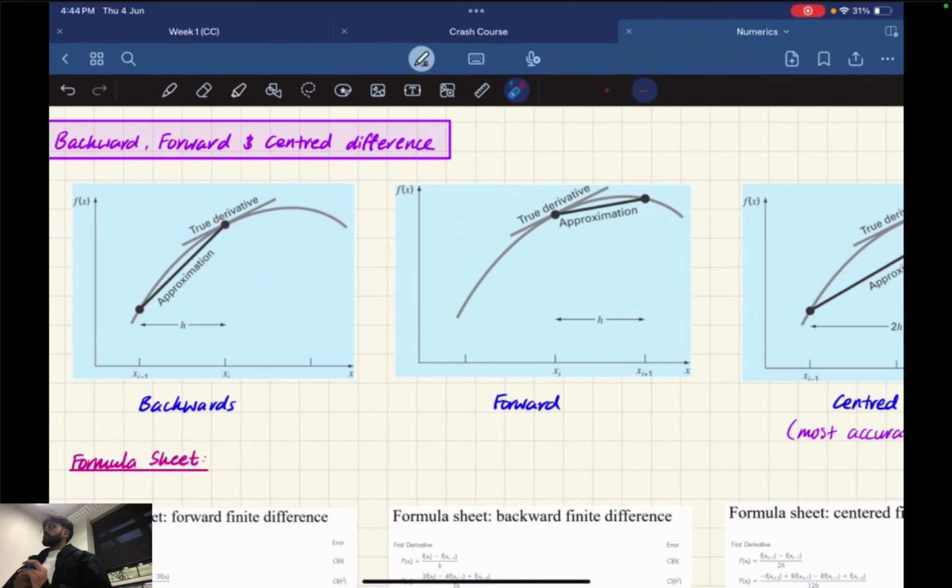I'll explain it. Do you guys remember the fundamental theorem of calculus? This one. Do you guys remember this? Differentiation using first principle. So pretty much what's going on here is you take a value here, you take a value here, you're taking that difference, right?